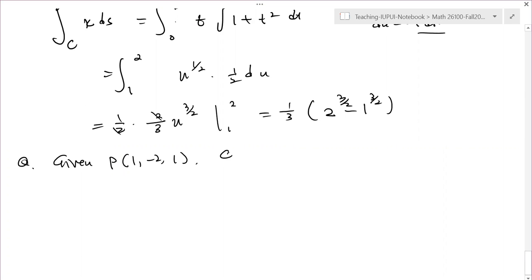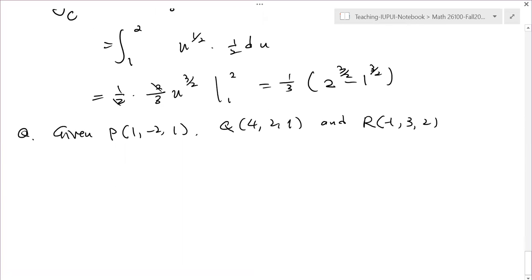These 3 points are in space, and it's hard to draw. Maybe P is here, Q is somewhere here, R is somewhere there. I just draw it like that in this space. Yeah, it's hard to look at.